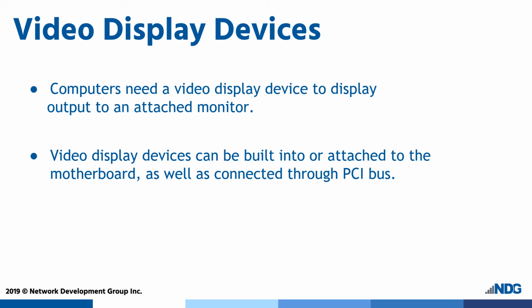In order to display output to the monitor, the computer system must have a video display device and a monitor. Video display devices are often directly built into or attached to the motherboard, although they can also be connected through the PCI bus slots on the motherboard. With the large array of video device vendors, each vendor's display device usually requires a proprietary driver provided by the vendor.